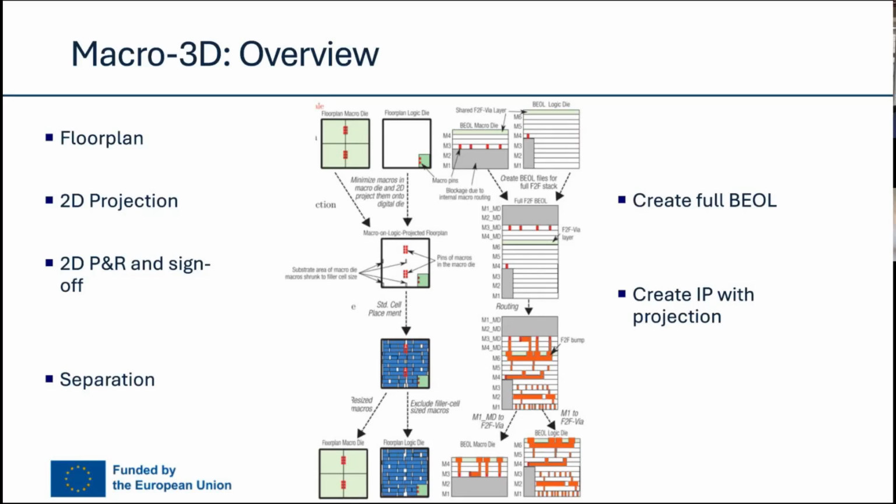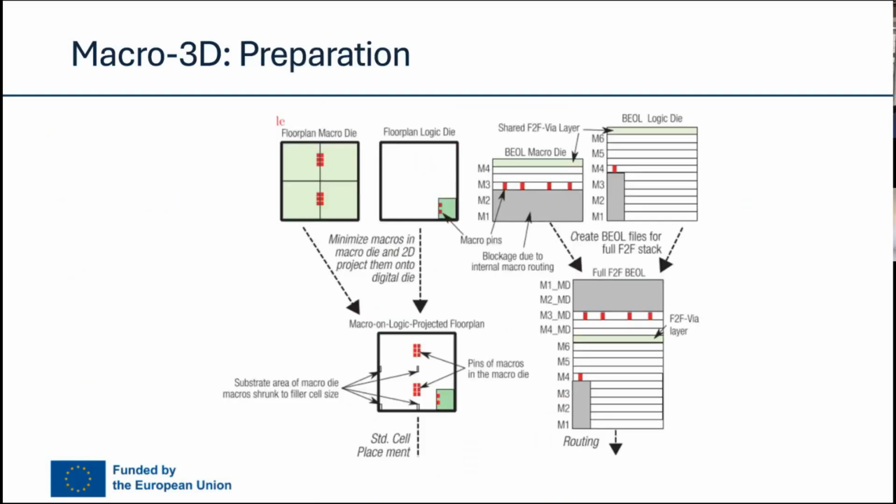Then the next step is the complete place and route and sign off of the bottom tier, just using standard 2D methodologies. And finally, when we have this place and route, we can proceed with the last step, where we have to separate the combined stack into two, so that we have the top tier and the bottom tier independently. Again, let me have a look at this step in more detail.